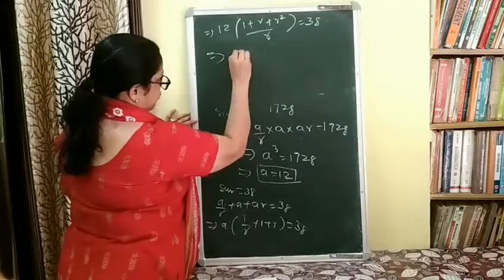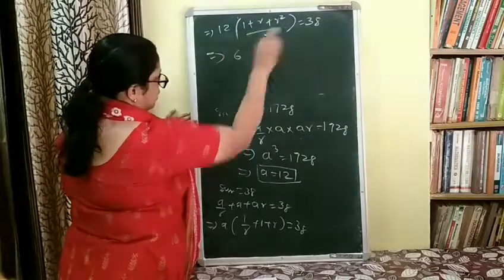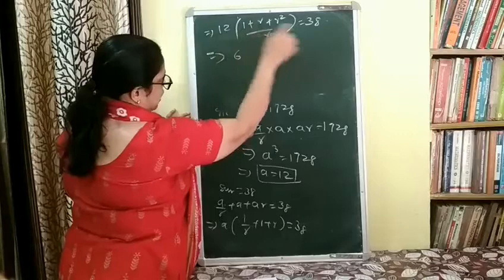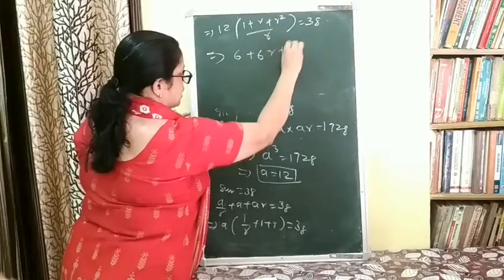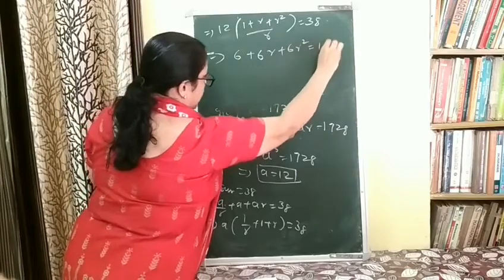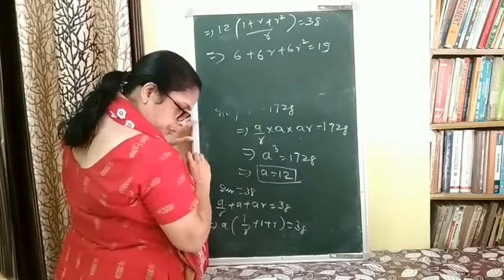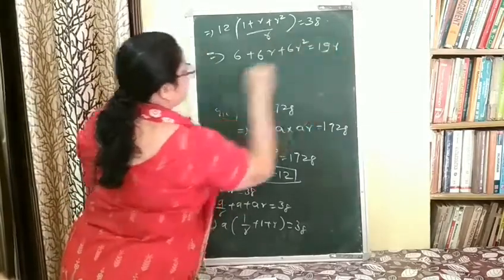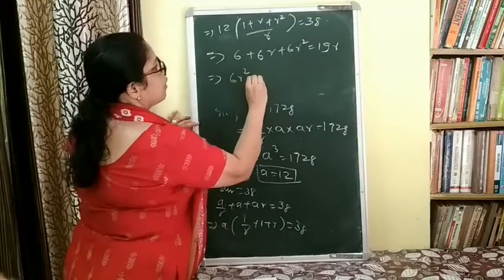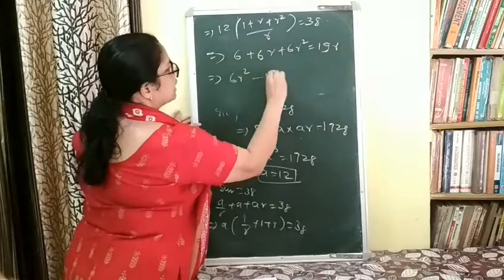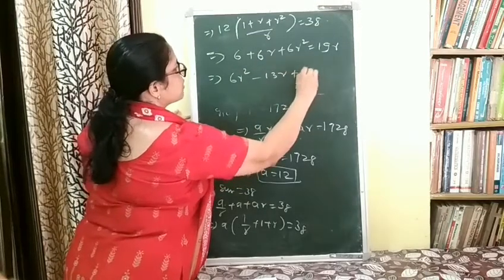I am not going to show you. By resimplification we get 6, 2 से डिवाइड करते 6 हो जाएगा 19 हो जाएगा, 6 plus 6r square is equal to 19r by taking LCM. That means by rearranging it we get 6r square minus 13r plus 6 equal to 0.